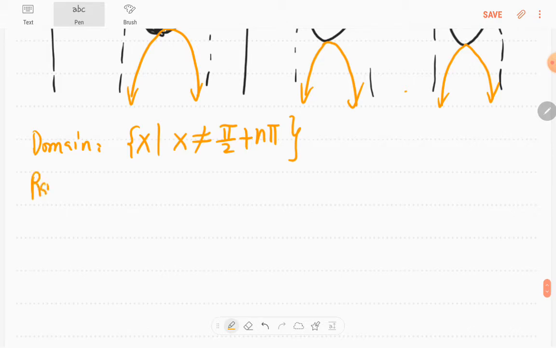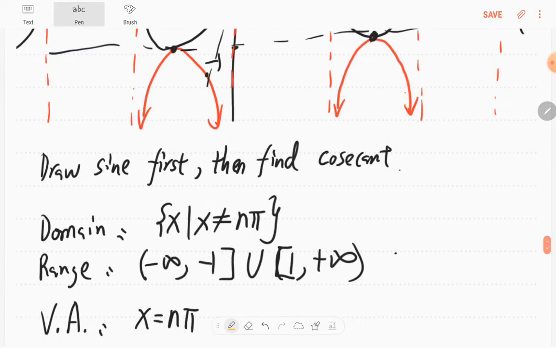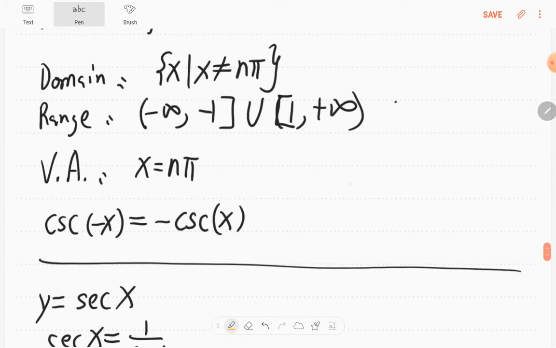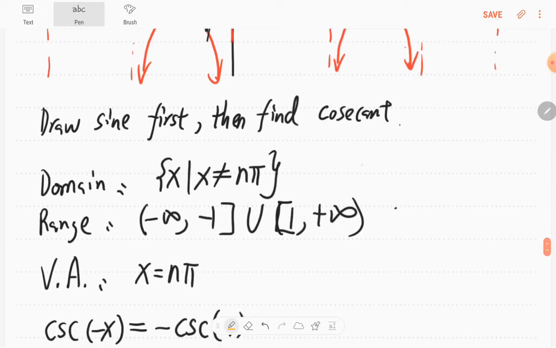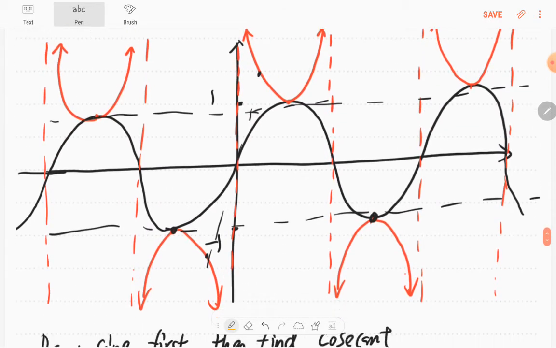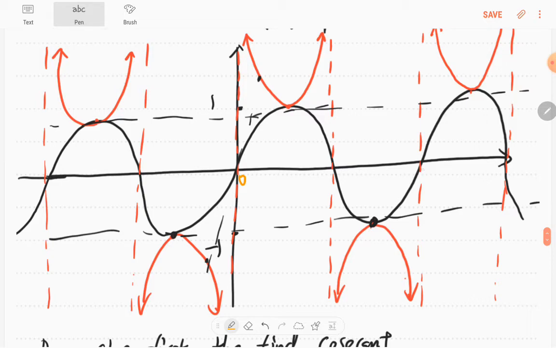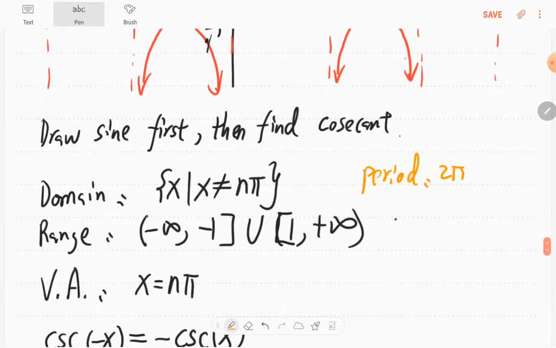Here I forgot to mention this one, the period is 2 pi, which is from 0 to 2 pi. Then the graph will be repeated. For this part, the red curve will be repeated, so it's 2 pi.